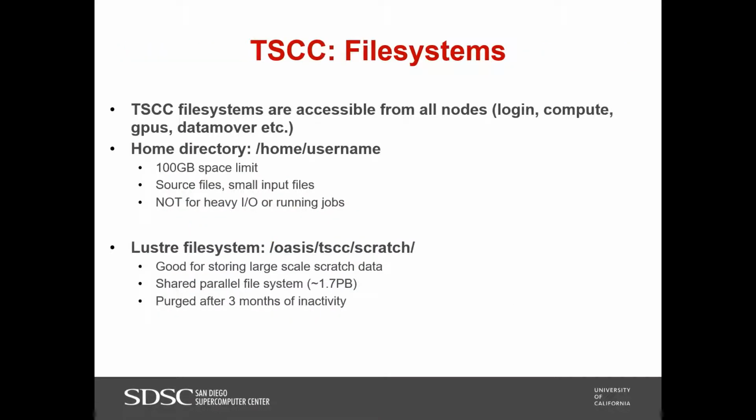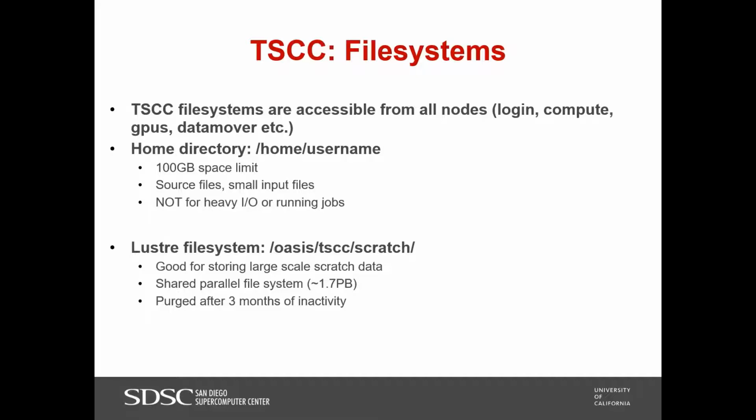Okay, so after we learn some commands, next I'm going to introduce the TSCC file systems. The TSCC file systems in general are accessible from all nodes, including the login nodes, compute nodes, GPU nodes, and data movement nodes.